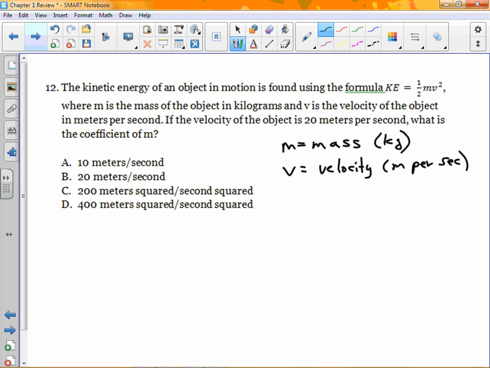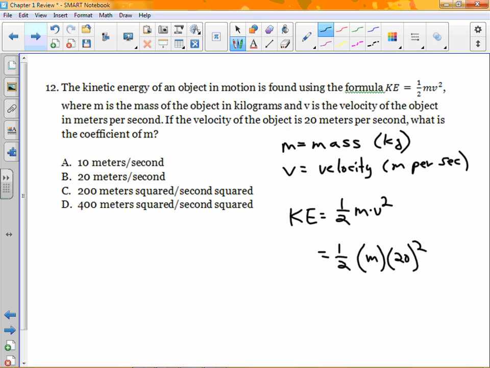Tough problem right here, because what you have is all of these variables, and then they're asking you to plug this stuff in and go ahead and reduce it. So if I'm going to plug something in, I'm going to plug 20 in for what number? V. So when I plug 20 in for V right there, that gives me 1/2 times m times 20 squared.